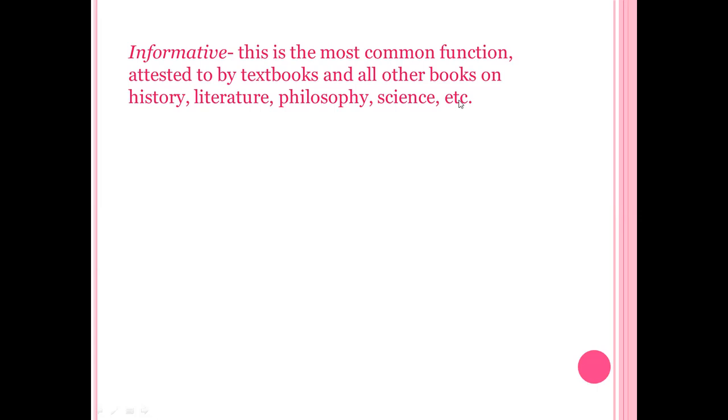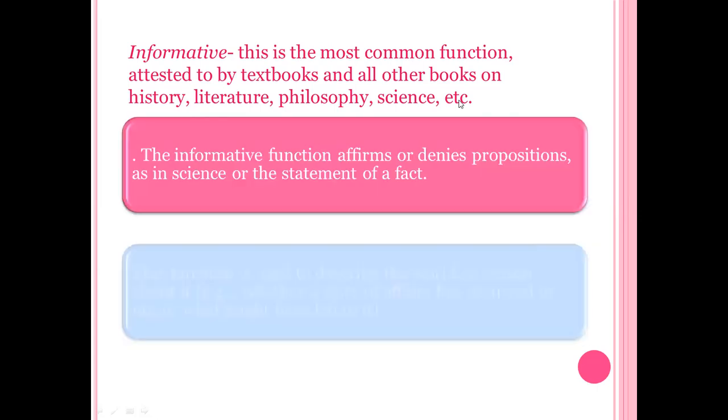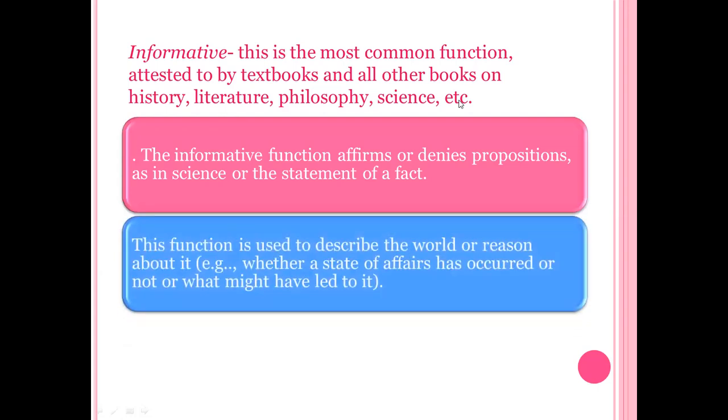It's a series. In logic, we see this function at work in propositions and arguments, where something is either affirmed or denied. And this in turn is either true or false, correct or incorrect. Also, the informative function affirms or denies propositions as in science or the statement of a fact. The informative function is used to describe the world or reason about it.